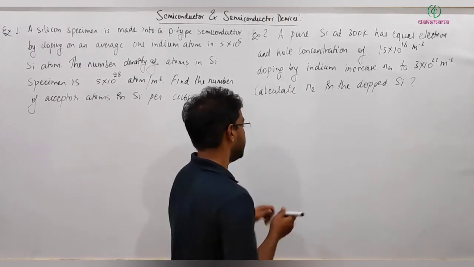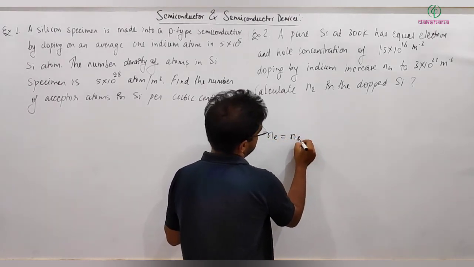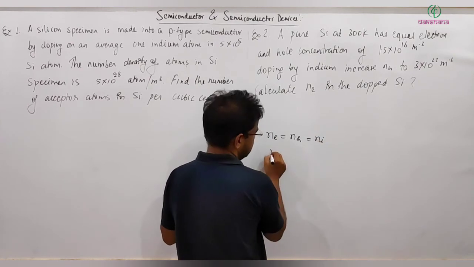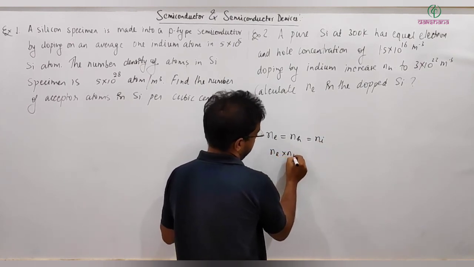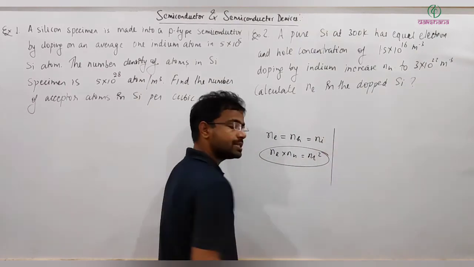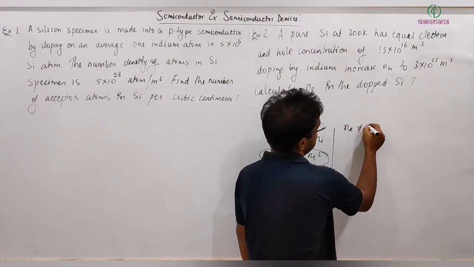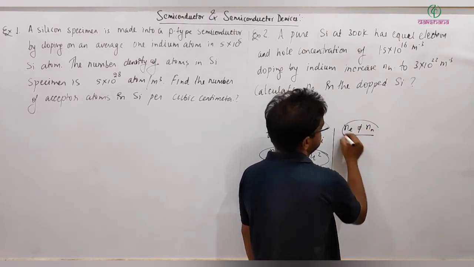And we saw that in the case of intrinsic semiconductor, Ne equals Nh equals Ni, and this we can write as Ne Nh equals Ni square. But in the case of extrinsic semiconductor, it's definitely true that Ne is not equal to Nh, right?